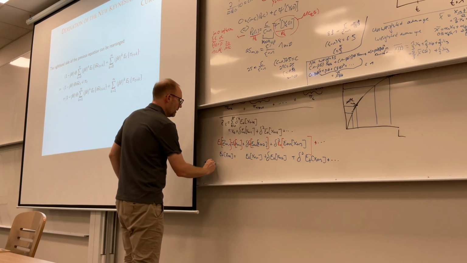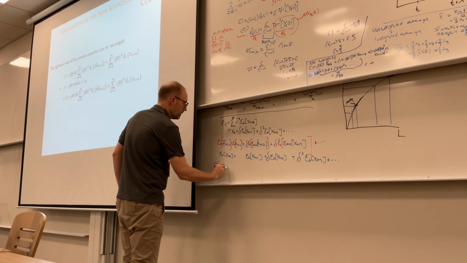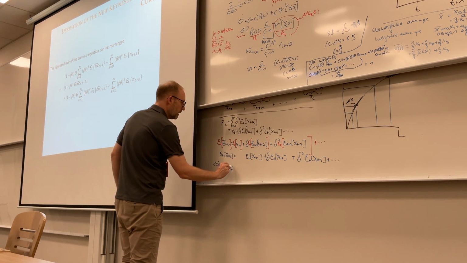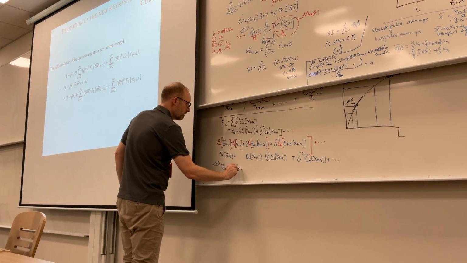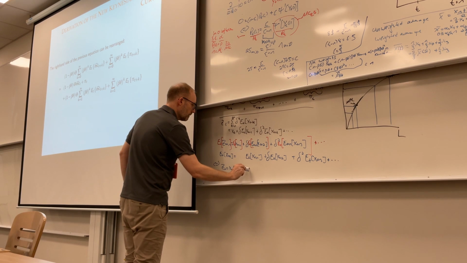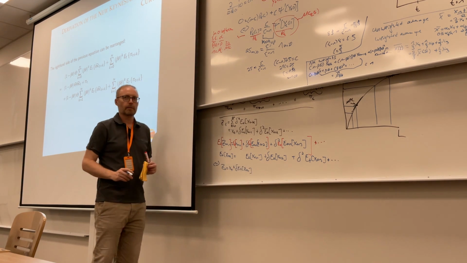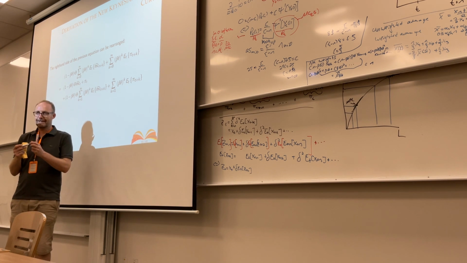So we can now combine this and write that Z_t is equal to X_t plus delta E_t Z_{t+1}. Isn't that some crazy trickery? Look at that.